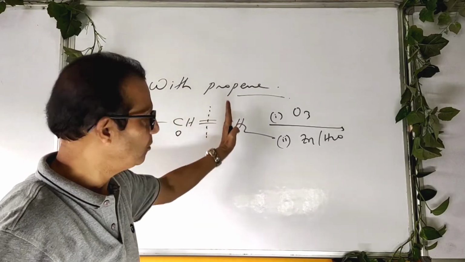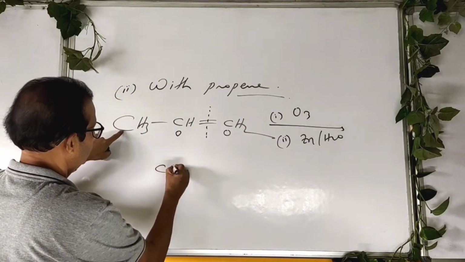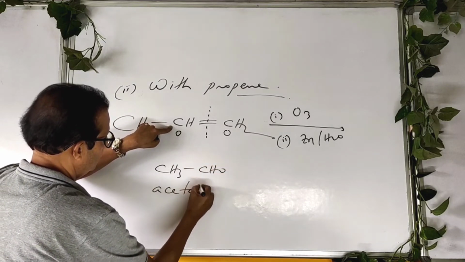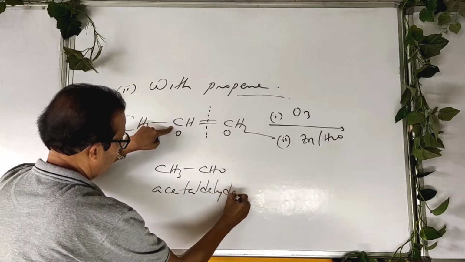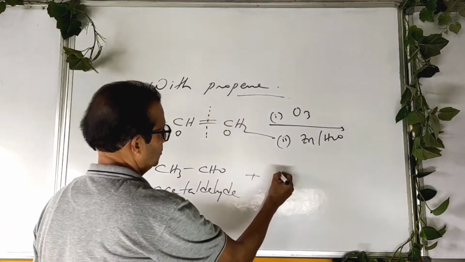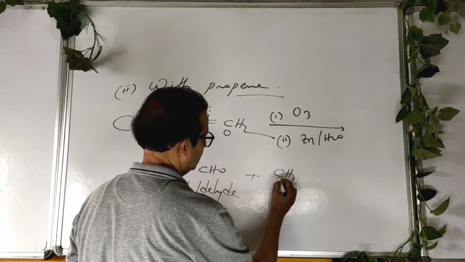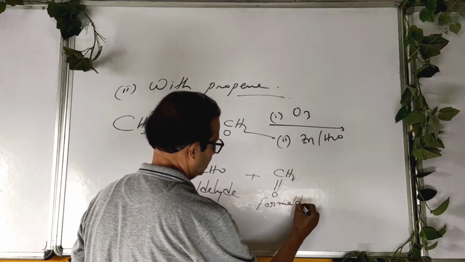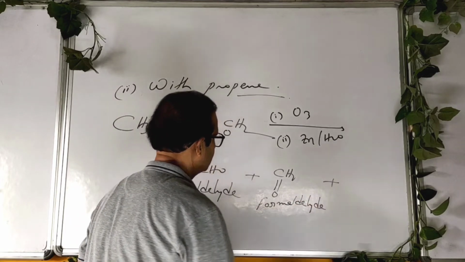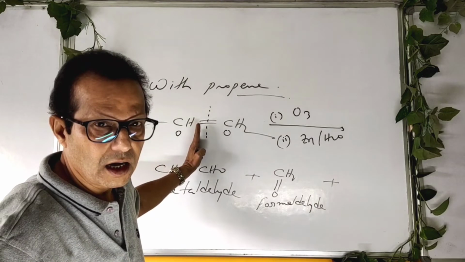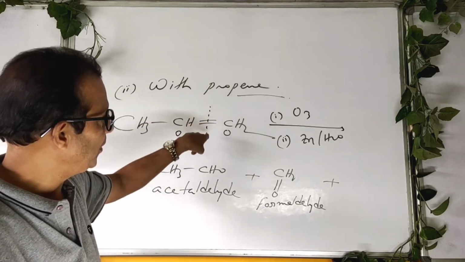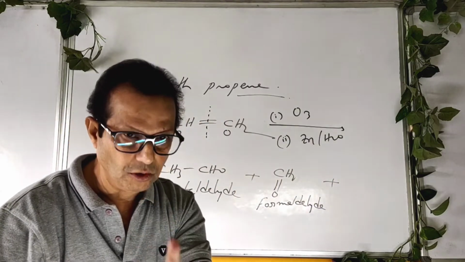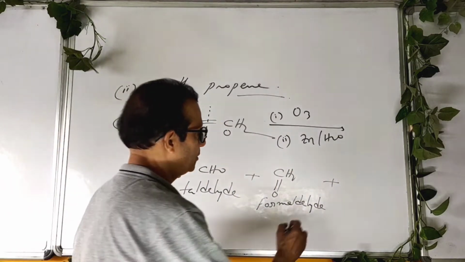Insert one oxygen here, one oxygen here. As the compound, that is propene, contains only one double bond, you get only one molecule of hydrogen peroxide as the byproduct.